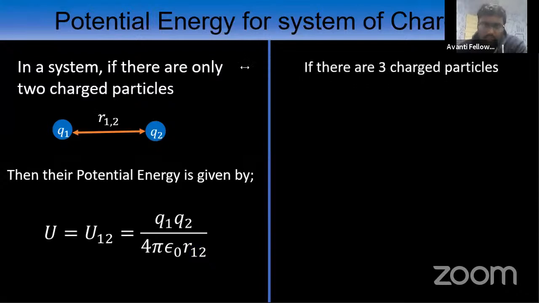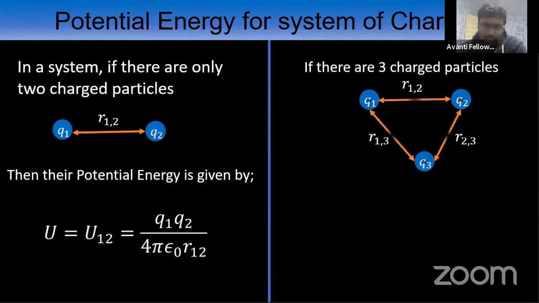Similarly, if I have a system of three charged particles, how do I calculate my potential energy? You have solved this many times already. Yes, correct, the superposition principle, correct, Dikshita.